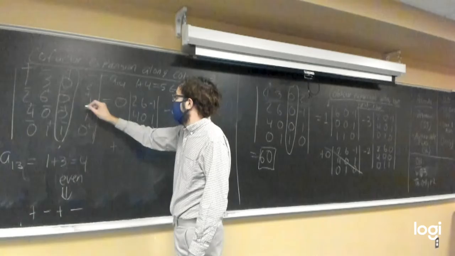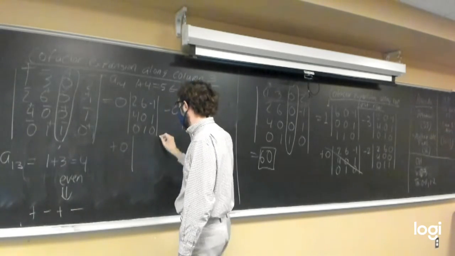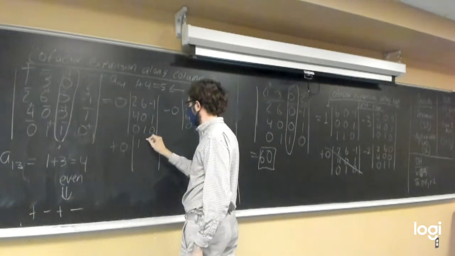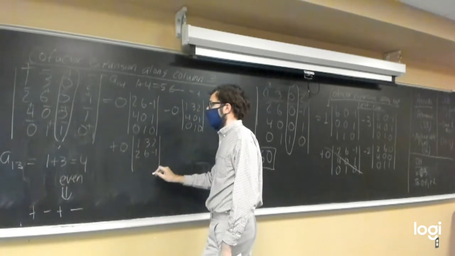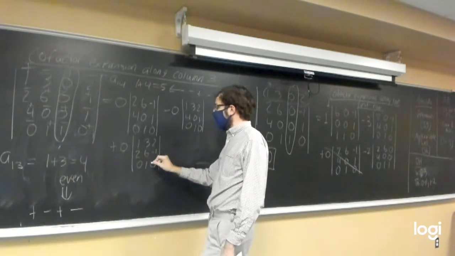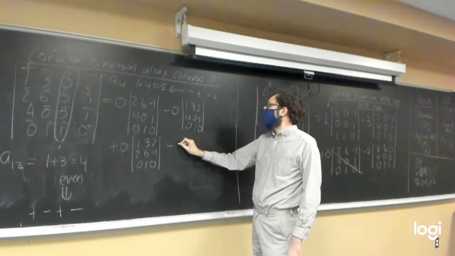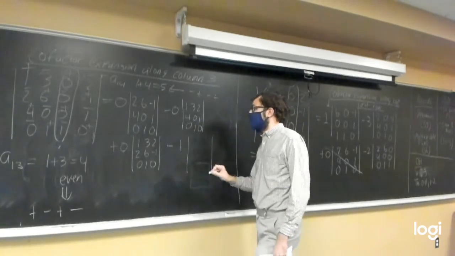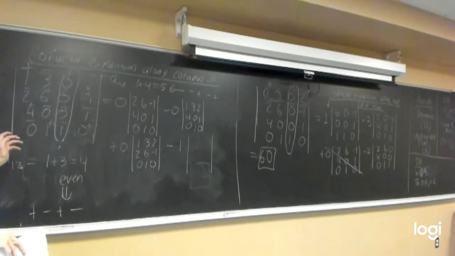plus this third term in the column, which is a 0, times the 3 by 3 determinant of 1, 3, 2, 2, 6, negative 1, 0, 1, 0. And finally, minus 1 times the determinant of what we get if we remove third column, bottom row.